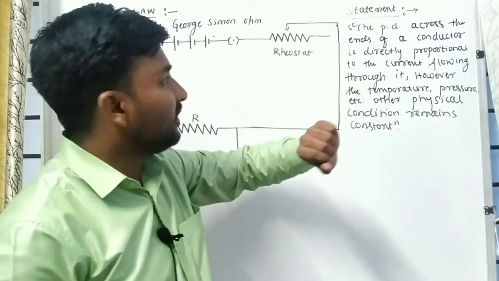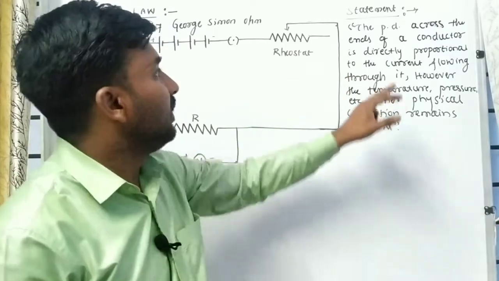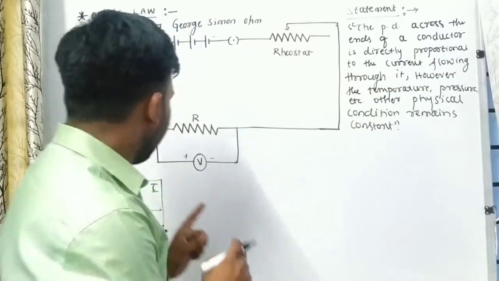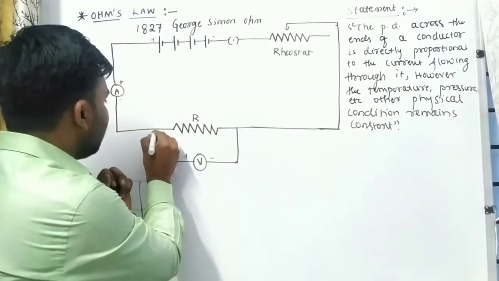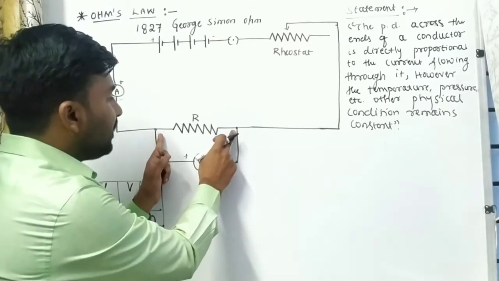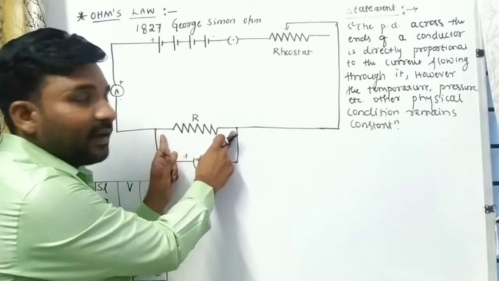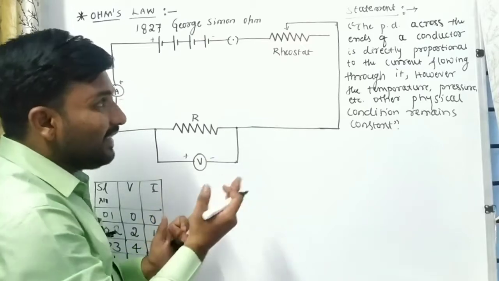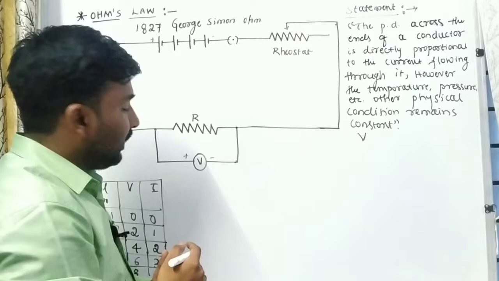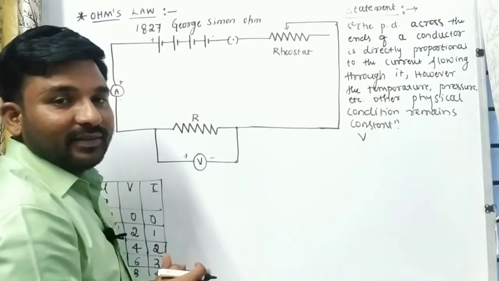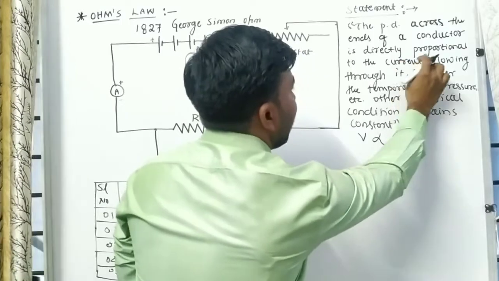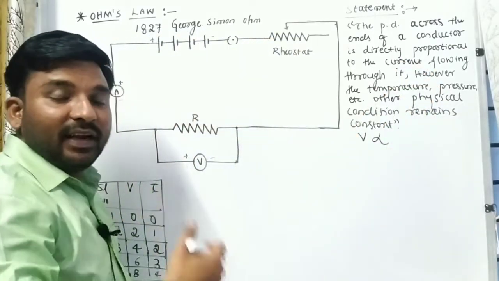Look at the statement. What is the statement? The potential difference across the ends of a conductor. So the conductor is here. Whatever the potential difference across the ends of the conductor is, that potential difference is V. This potential difference is directly proportional to the current flowing through it.